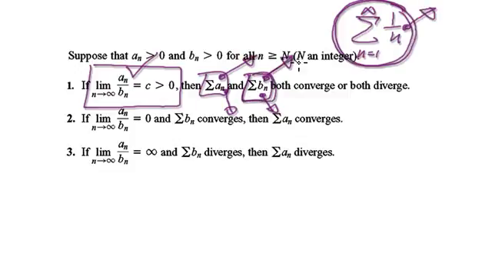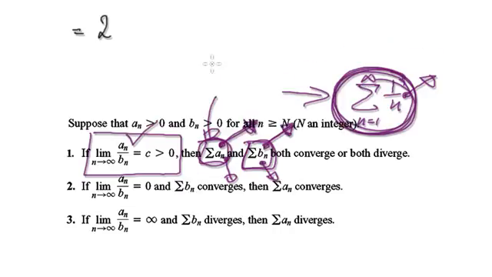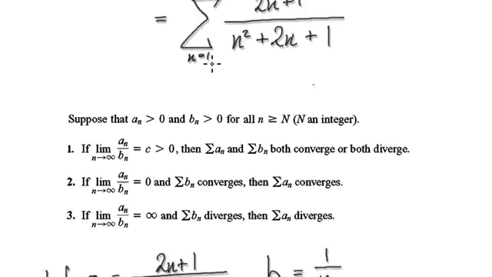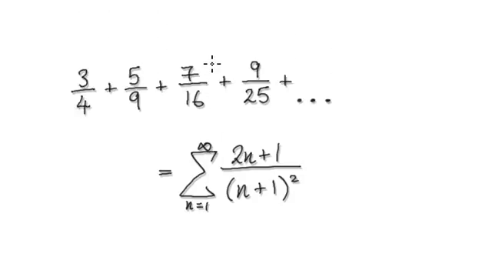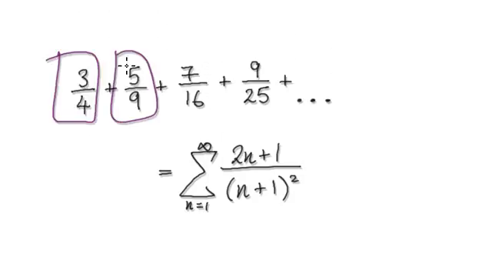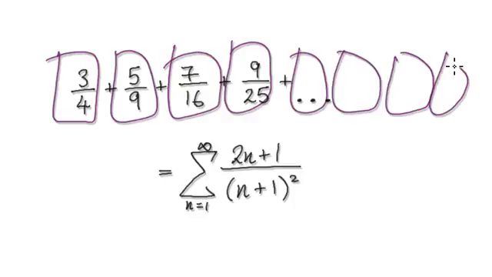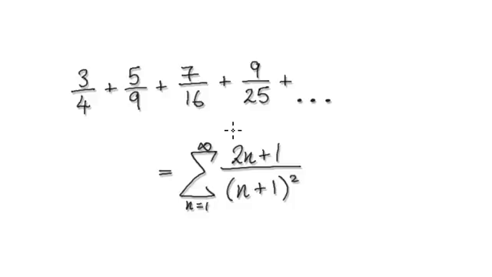So if this thing here diverges, therefore our series will diverge, because we can compare this complicated thing to this one. So our series will diverge. If you continue adding this whole thing up, it will just get bigger and bigger and bigger and so on.